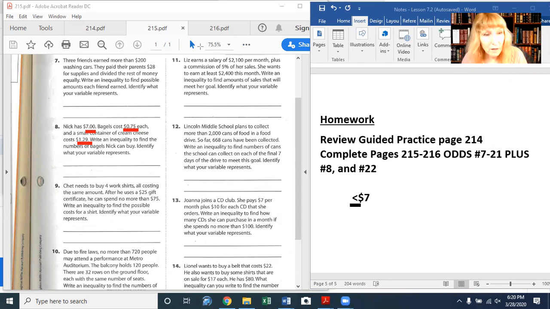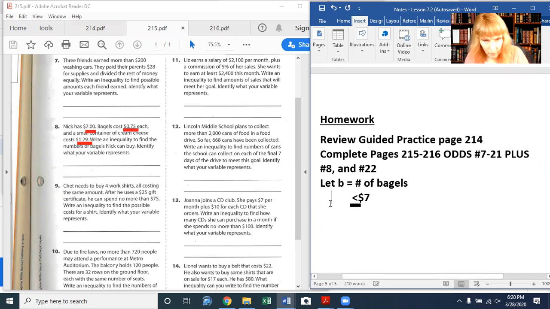There we go. And on the left side of the equation, we go back over here, we've got a constant rate, a one-time fee of $1.29. And then we have 75 cents per bagel. So in our case, we are going to let B equal the number of bagels.